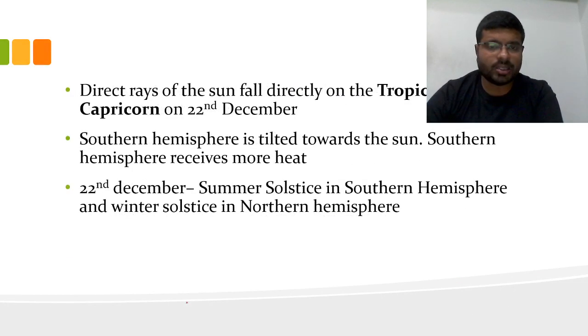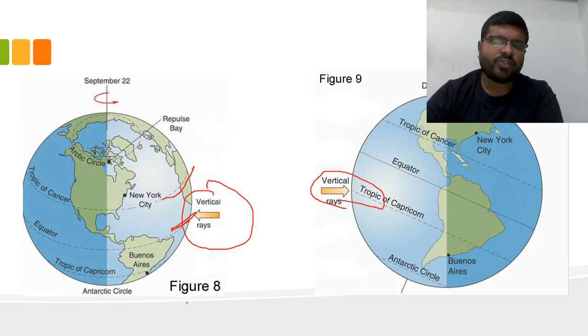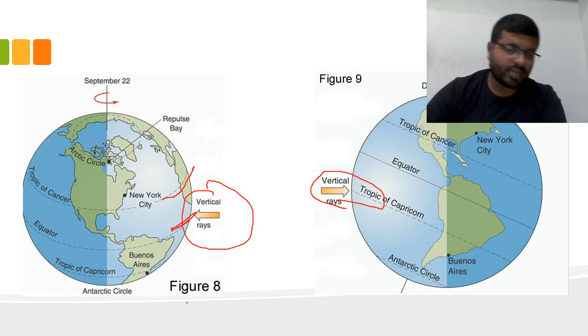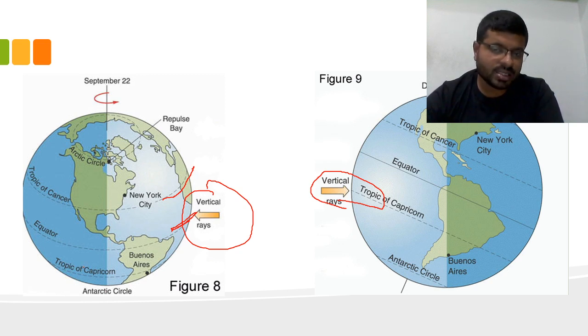Once again, you will have the concept of either day or night here. 24 hours of daylight, 24 hours of darkness will be found around this. You can see in figure 9, the Antarctic circle, that entire region, if one rotation is completed, that entire region is facing the sun.